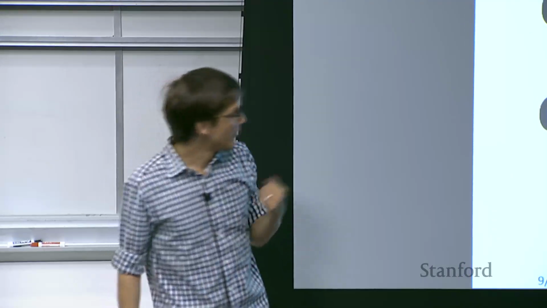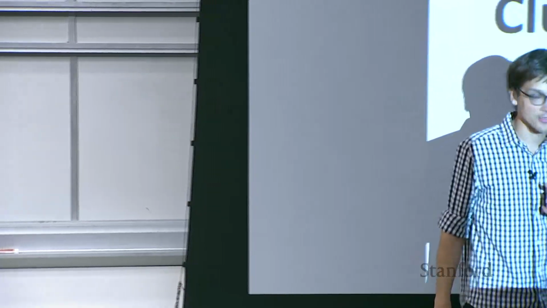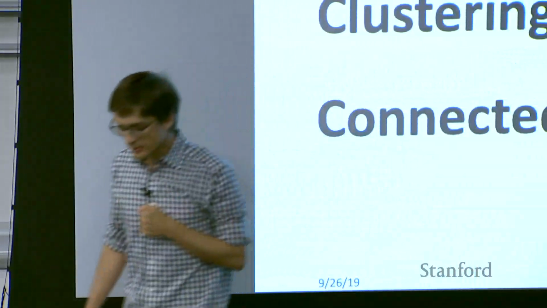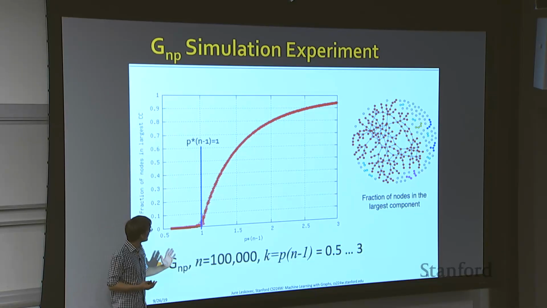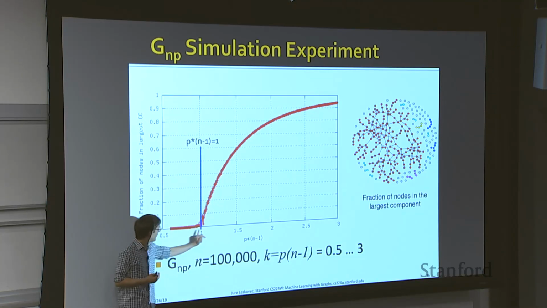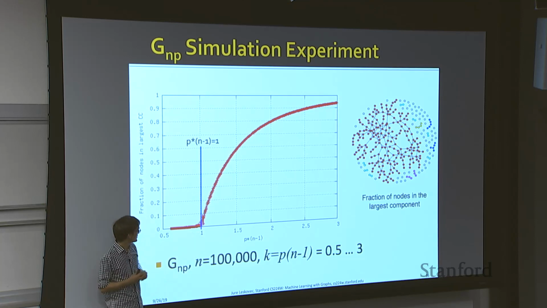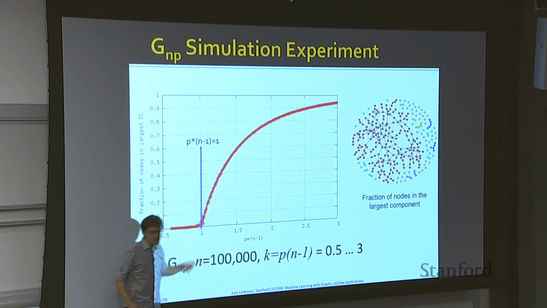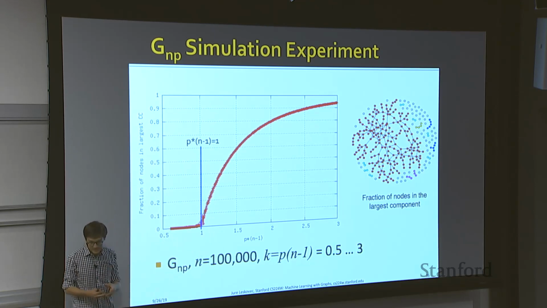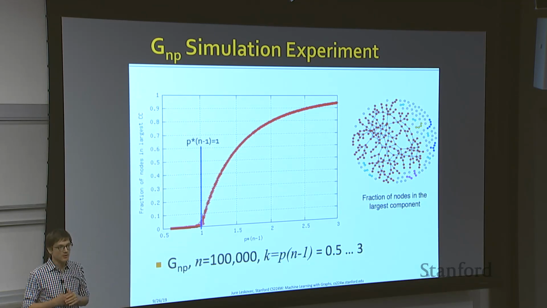And then the last thing I want to say is, when is the random graph connected? It turns out there is this beautiful result that basically shows that a random graph will get connected when average degree is greater than 1. So here is again a computational experiment. The x-axis is average degree, and the y-axis is the fraction of nodes in the largest connected component.